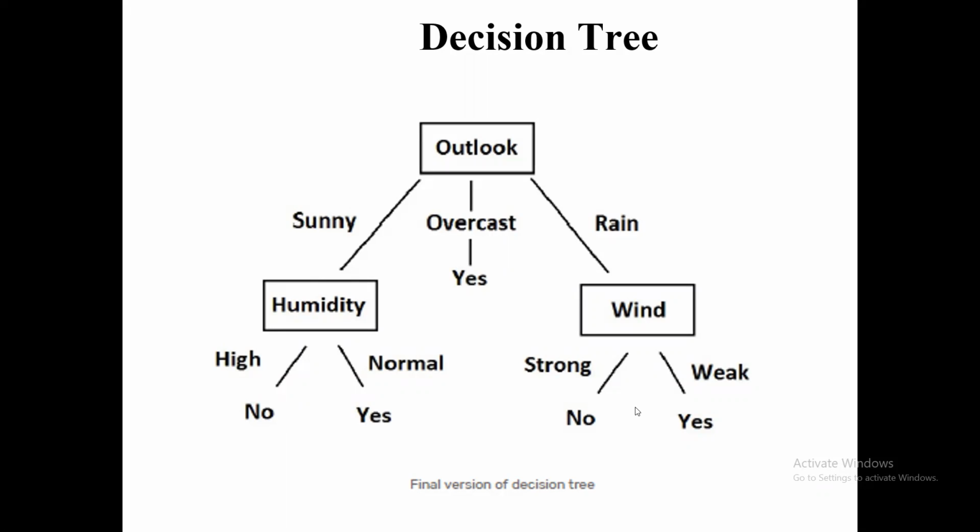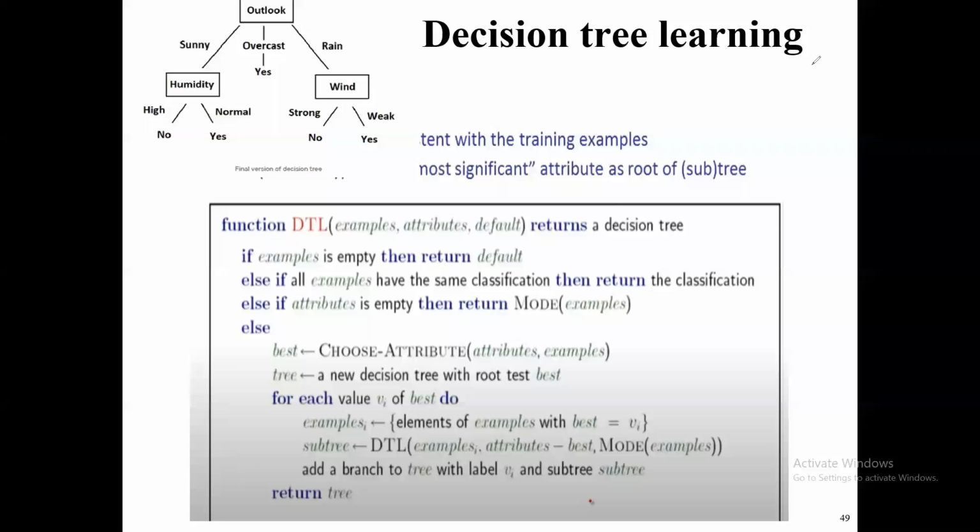And note that the algorithm that we use to build this decision tree is very similar to the ID3 algorithm, because the ID3 algorithm also uses the maximum information gain method in order to distinguish which attributes to split upon first. Lastly, I would like to show you guys a general decision tree learning algorithm.